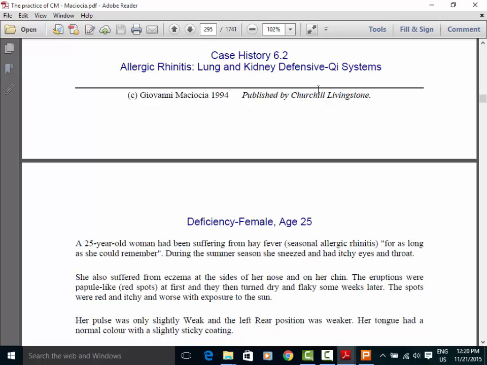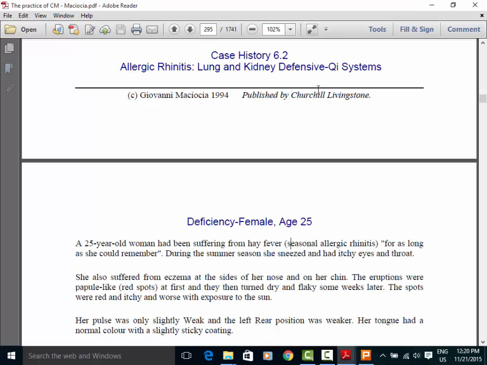It means it's an excess condition, you haven't addressed the deficiency. If you say that this is lung heat, it's also an excess condition. My treatment principle is to clear heat from the lung. Or, I'm assuming you meant exterior heat, right? Clear wind heat from the lung, all right? So that should be indicated.